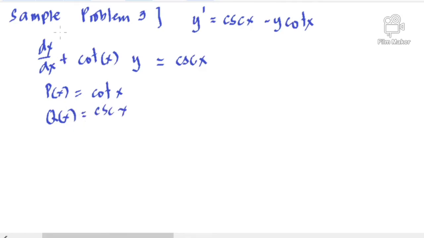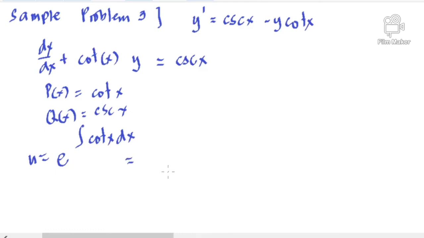So, we have to get the integrating factor. Ang ating integrating factor, u, is equal to e to the, ano sa tingin nyo? Yan, p dx is cotangent of x dx. Right? Now, ano yung integral ng cotangent of x?